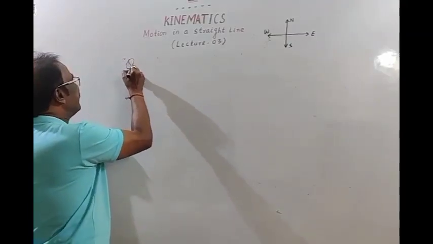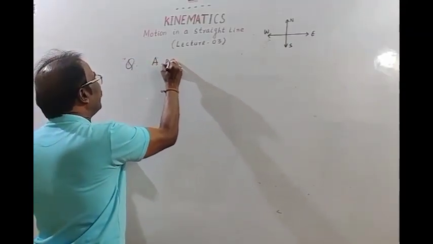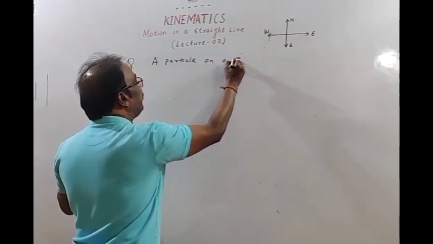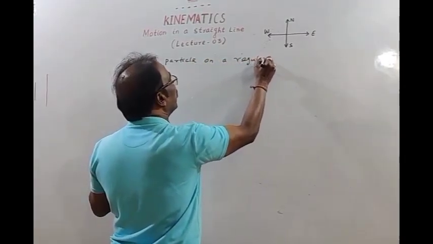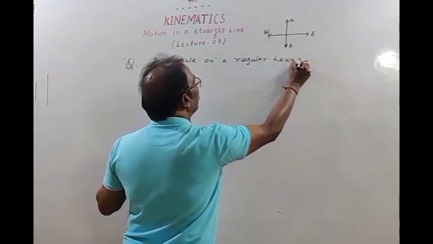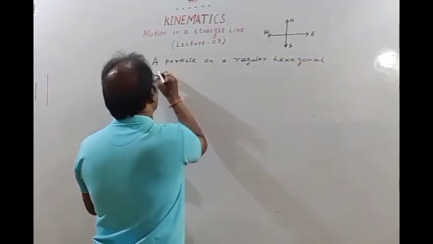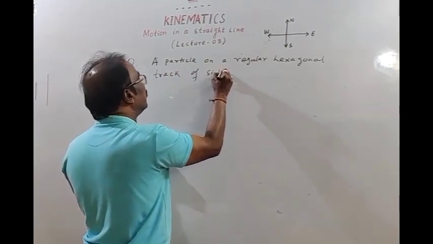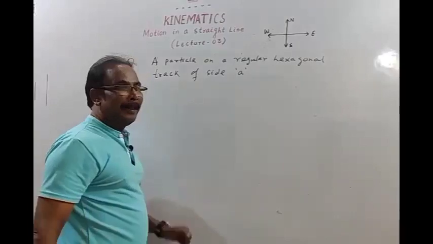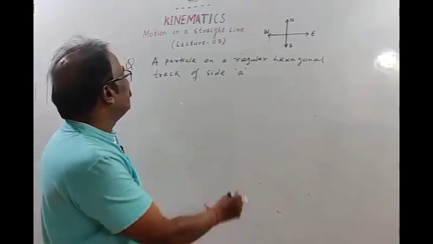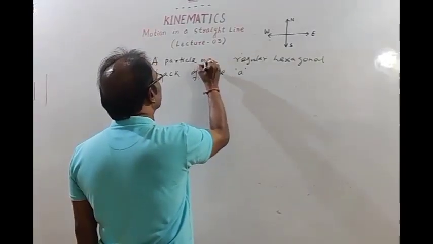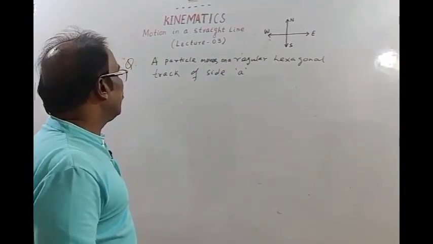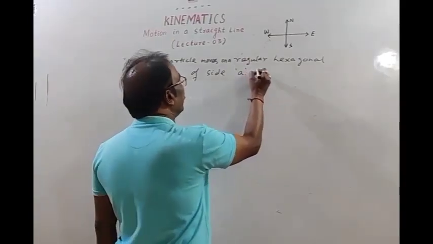Next question. A particle moves on a regular hexagonal track of side A. Okay.